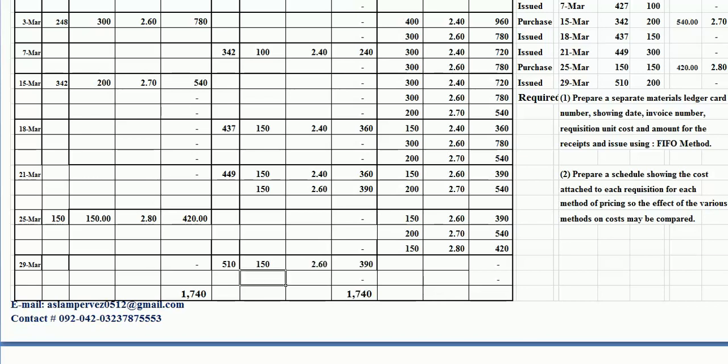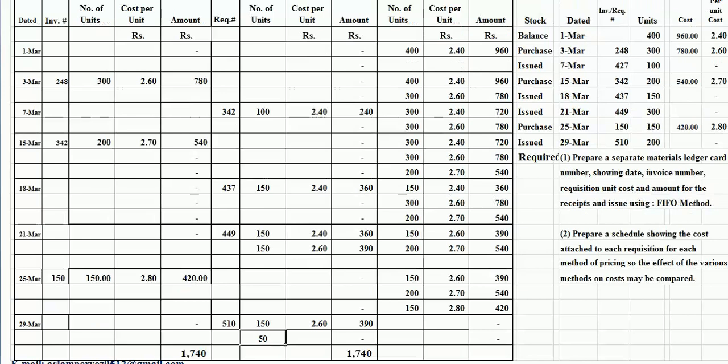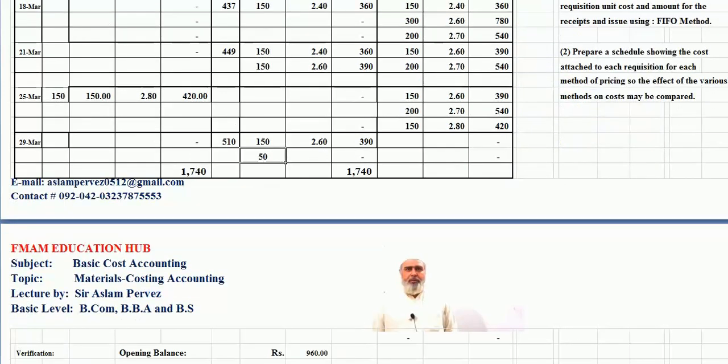The remaining 50 units are taken from the third purchase of 200 units, at the rate of 2.70. Now students, the balance is 150 units at 2.70, because we took 50 units from the third purchase. The fourth purchase is 150 units at the rate of 2.80.